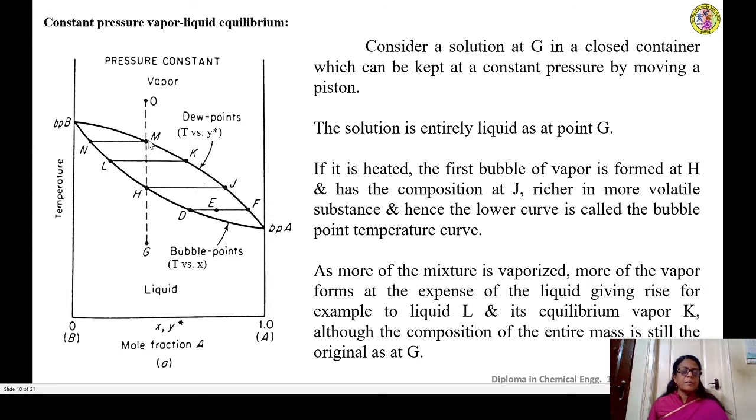So now if you still continue to increase the temperature keeping the pressure constant, it reaches a stage represented by point M, where the entire liquid has been converted to vapor. The last drop of liquid gets vaporized at point M. So that means all that you have at point M at this particular temperature and pressure is completely a vapor, and that is actually a saturated vapor. Now, if this saturated vapor is still continued to rise in temperature, keeping the pressure constant, then whatever happens is called the superheating of the given mixture.